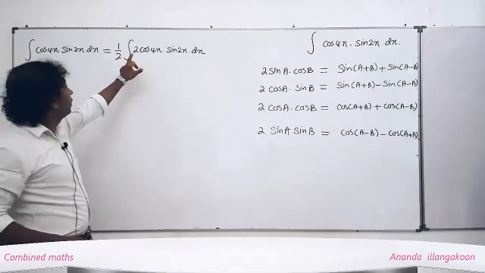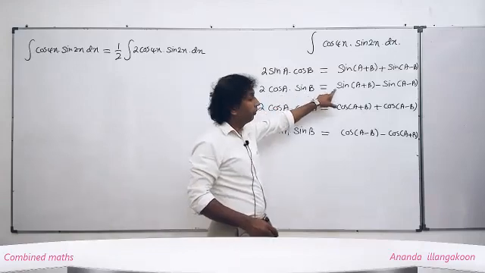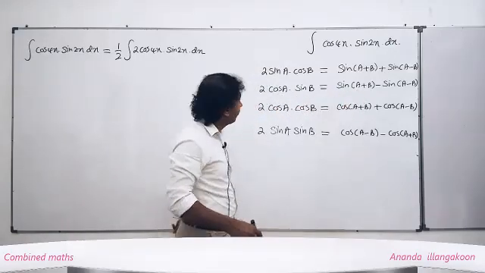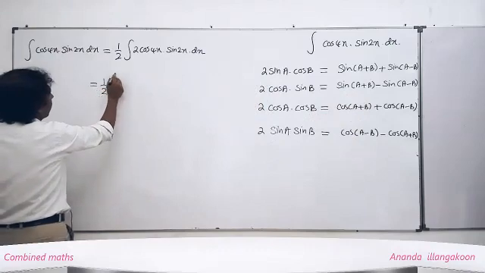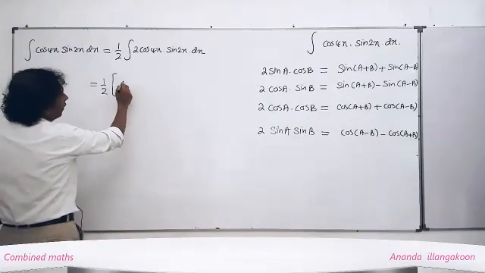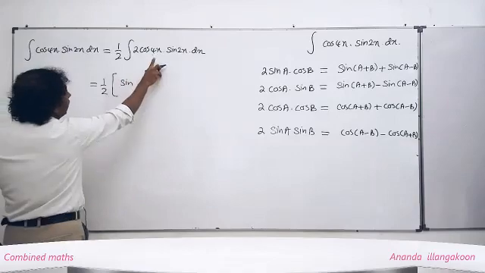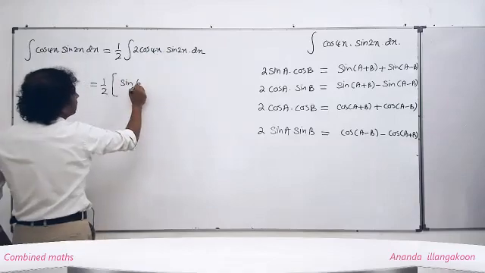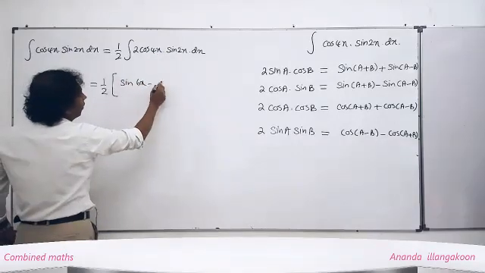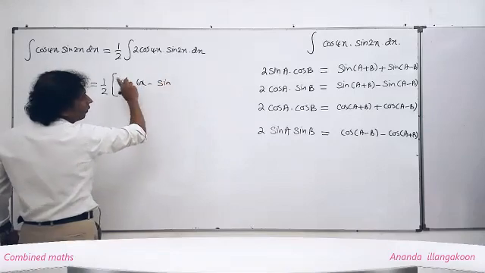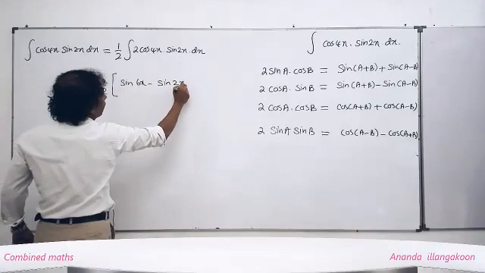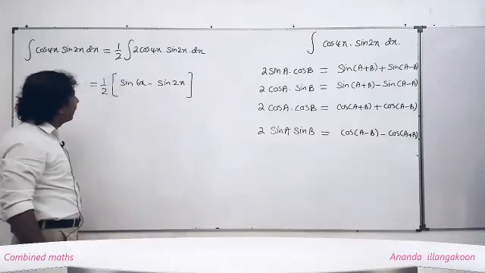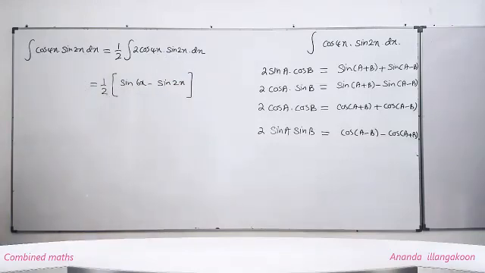And now this is like the 2 cos A sin B form here. You can write it like this. On the right hand side, you can write half, it is sin A plus B. A is this, B is this. Then 6x comes in. Minus sin A minus B. 4x minus 2x is 2x. Right?